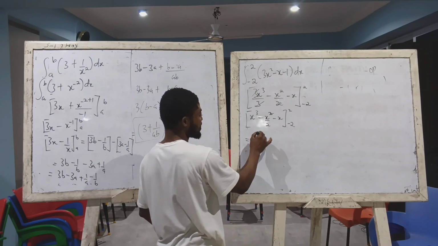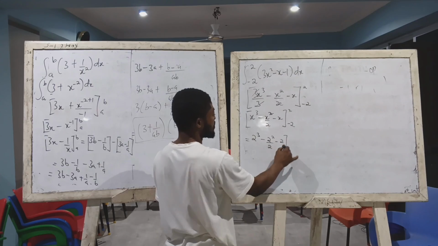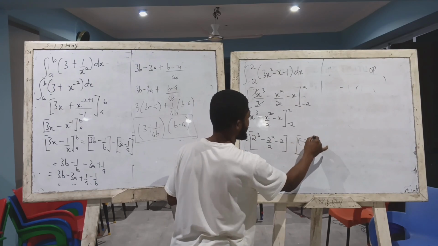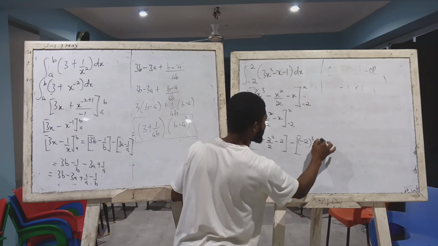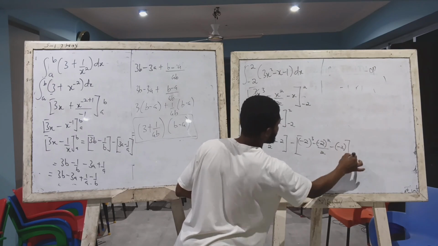Substitution: 2 power 3 minus 2 power 2 on 2 minus 2, all minus, negative 2 power 3 minus negative 2 all power 2 all on 2 minus negative 2.